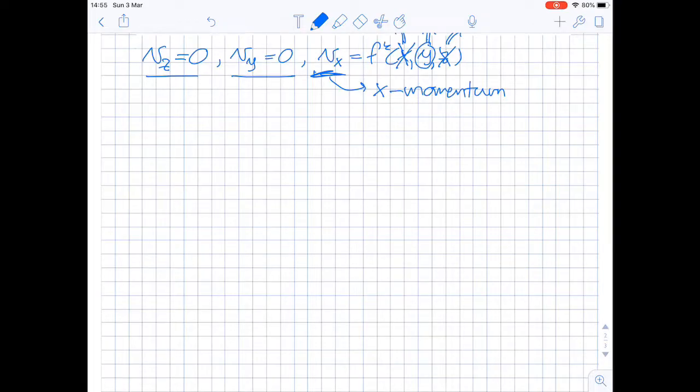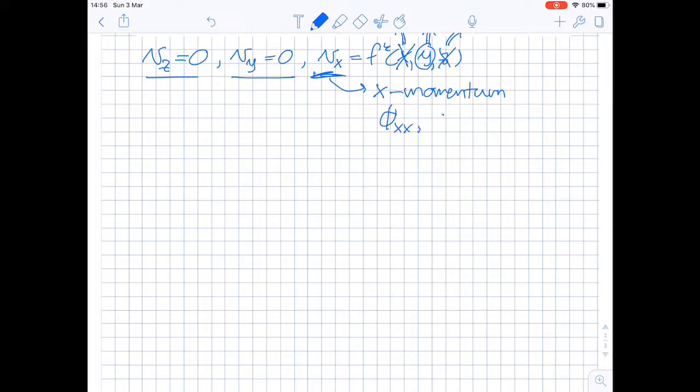X momentum can be transferred in 3 directions, represented by Φxx, Φyx, and Φzx. Φxx is x momentum transferred in the x direction. Φyx is x momentum transferred in the y direction. And the same thing applies for Φzx.